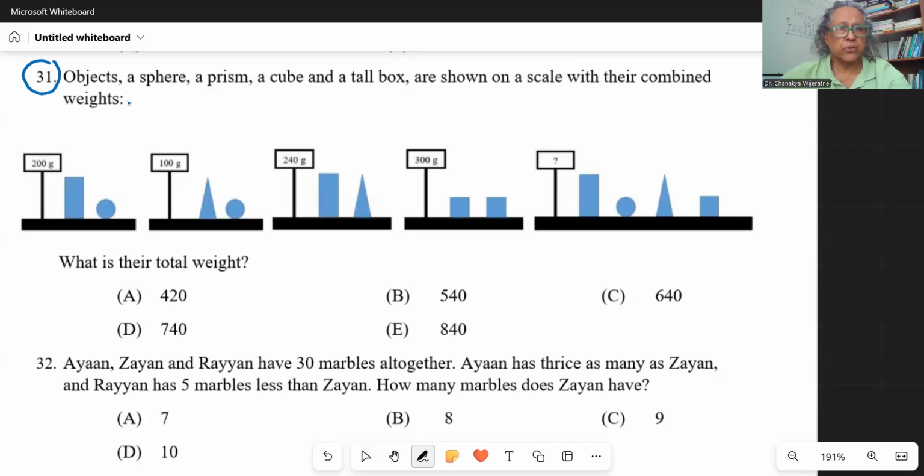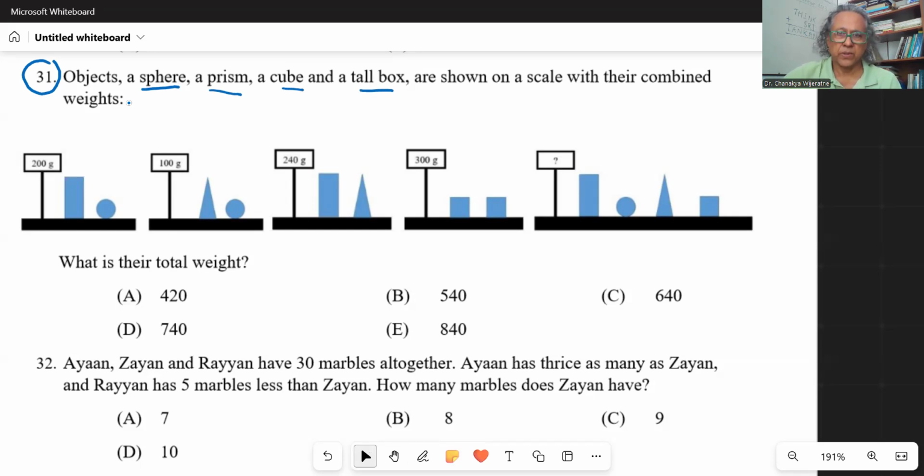We have 4 objects: a sphere, a prism, a cube, a toy box. And we have figures showing some of them on a scale and with the combined weight. We need to figure out the total weight.